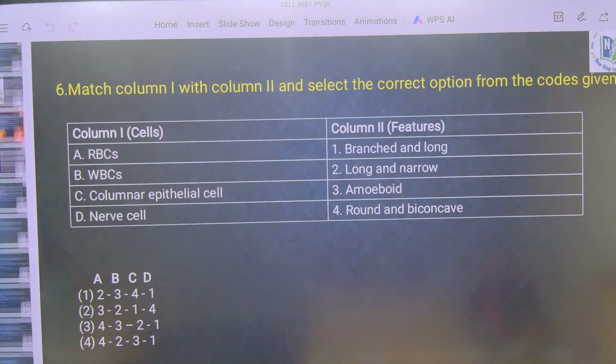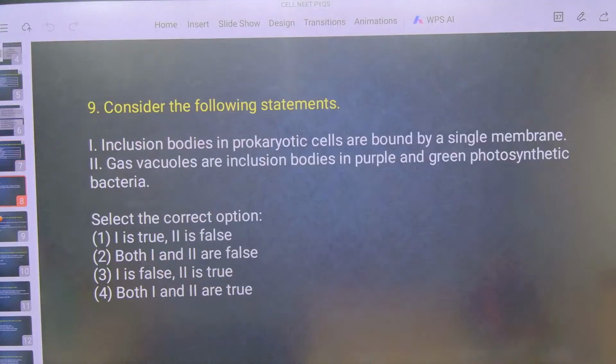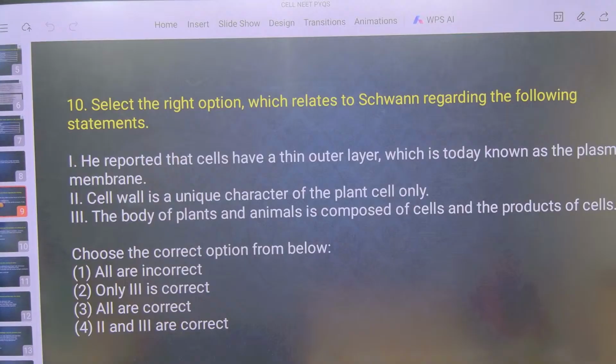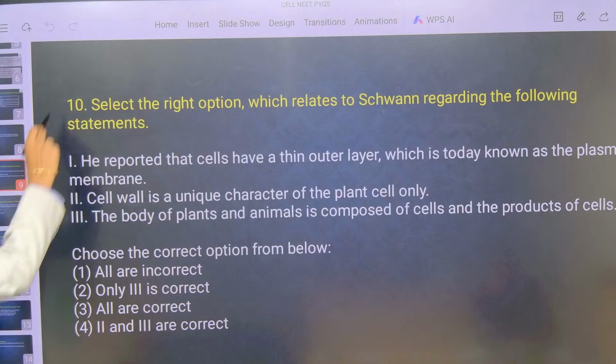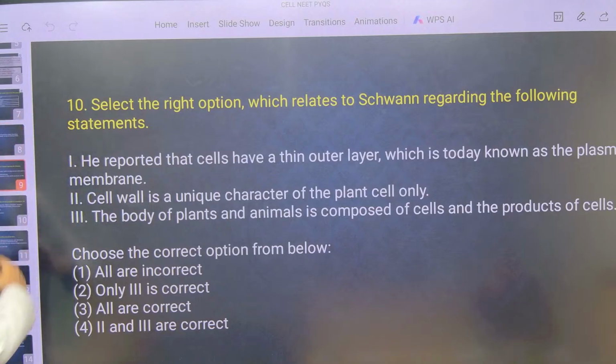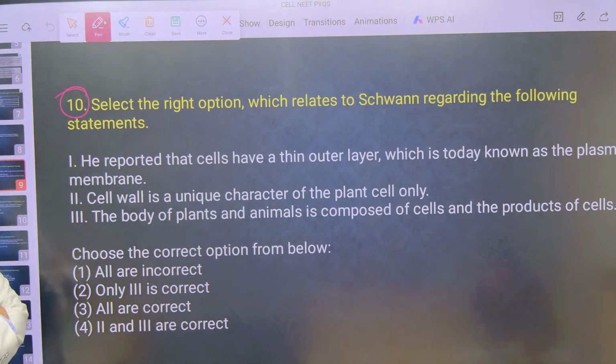This is also on shapes, so we will move to some other question. Yeah, on cell theory. All are correct. Select the right option which relates to Schwann regarding the following statements.